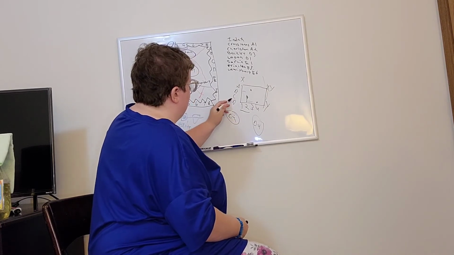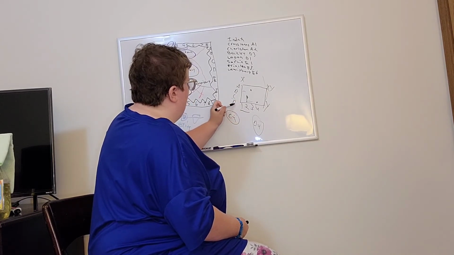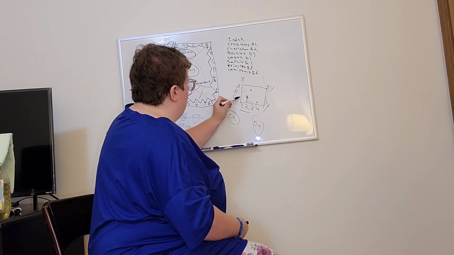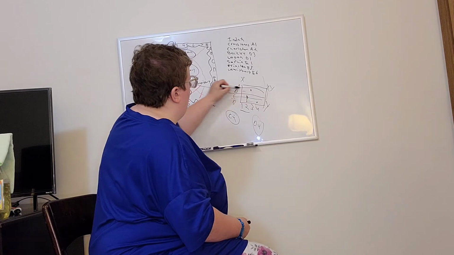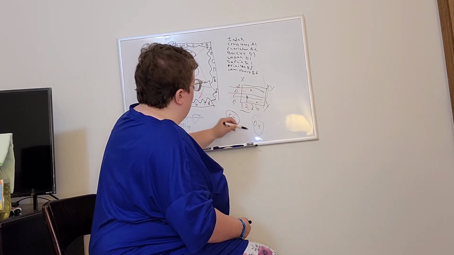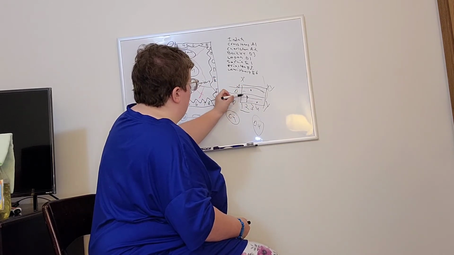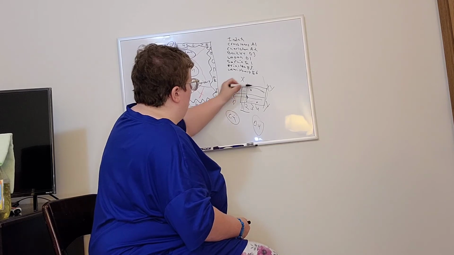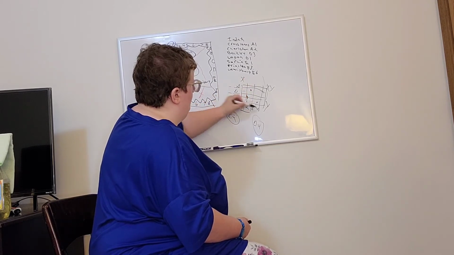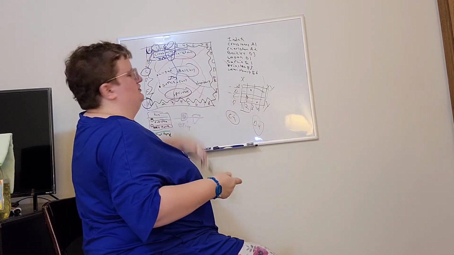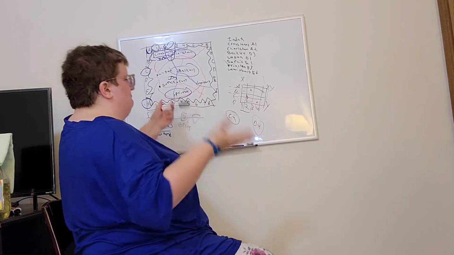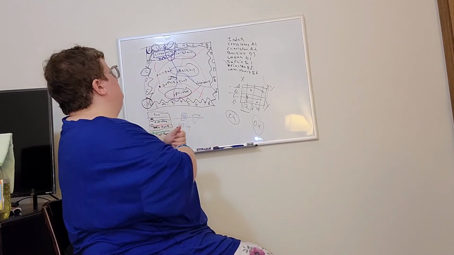So if you're looking for C2, you come over to the C, go over 2 spaces, and there's whatever you're looking for. So that's more or less how to read a map.